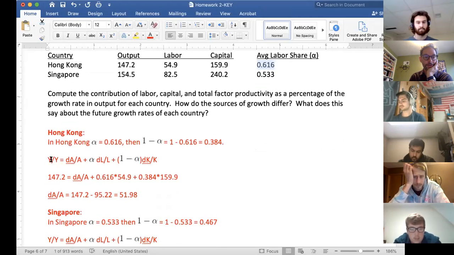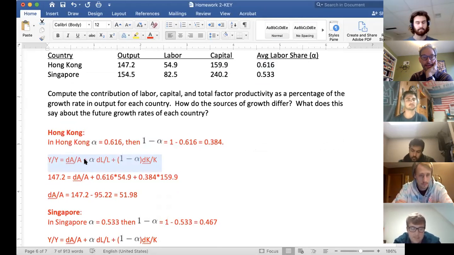So for Hong Kong, what does this look like? Our growth accounting equation should be the growth of Y is equal to the growth of A plus alpha times the growth of L plus 1 minus alpha times the growth of K. I didn't write this very clearly.